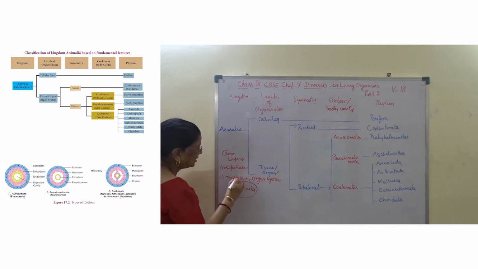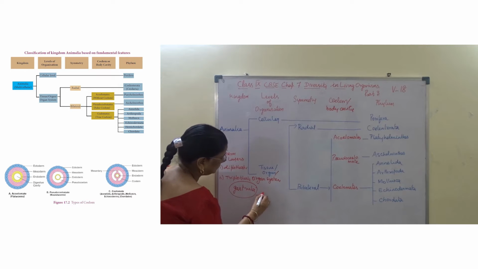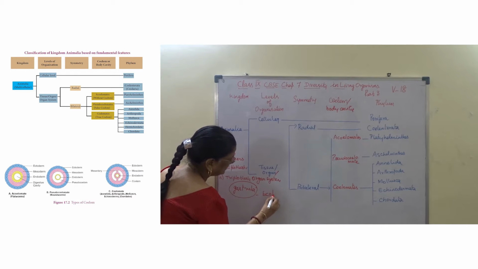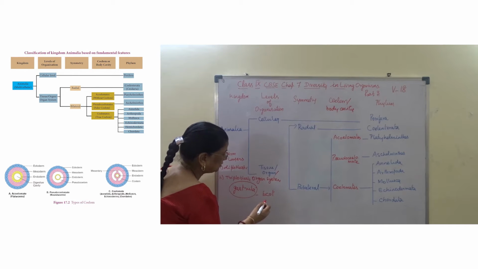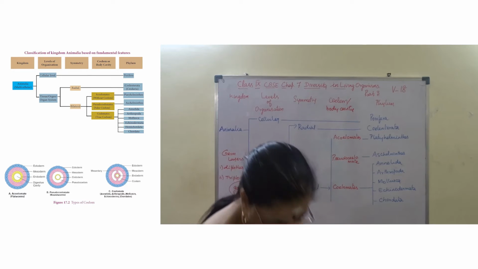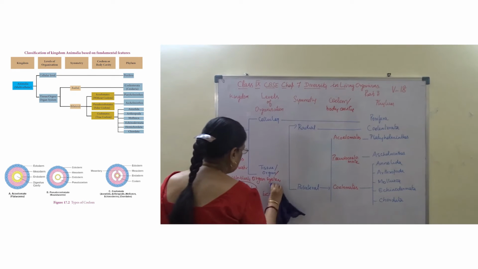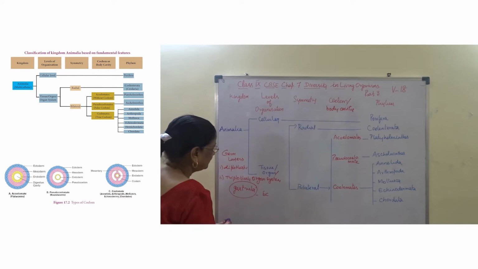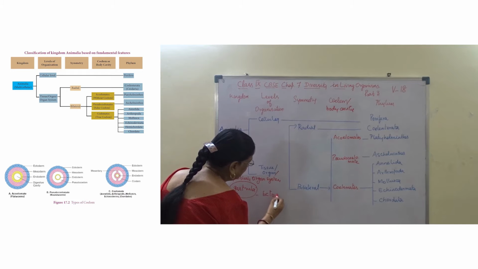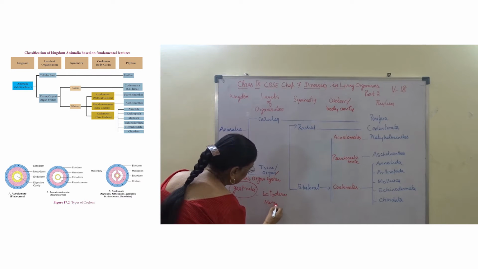And this gastrula differentiates into 3 layers: outer ectoderm, middle mesoderm and inner endoderm.